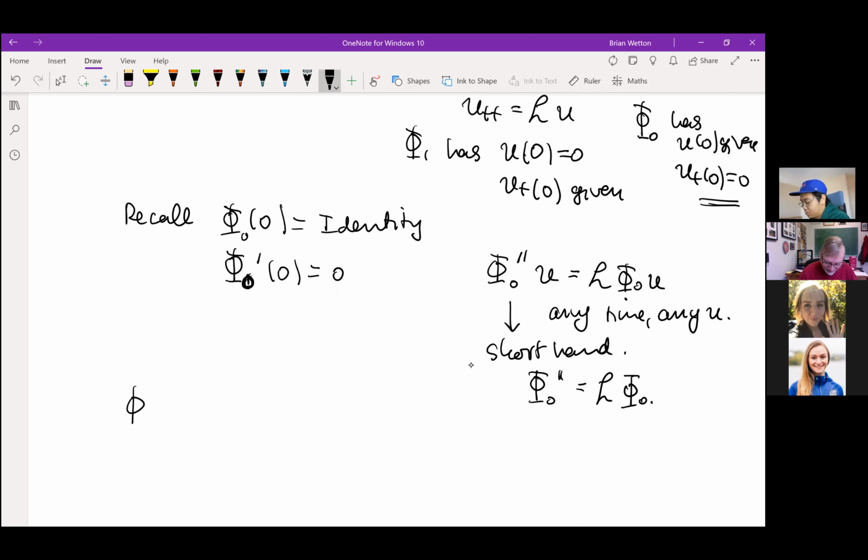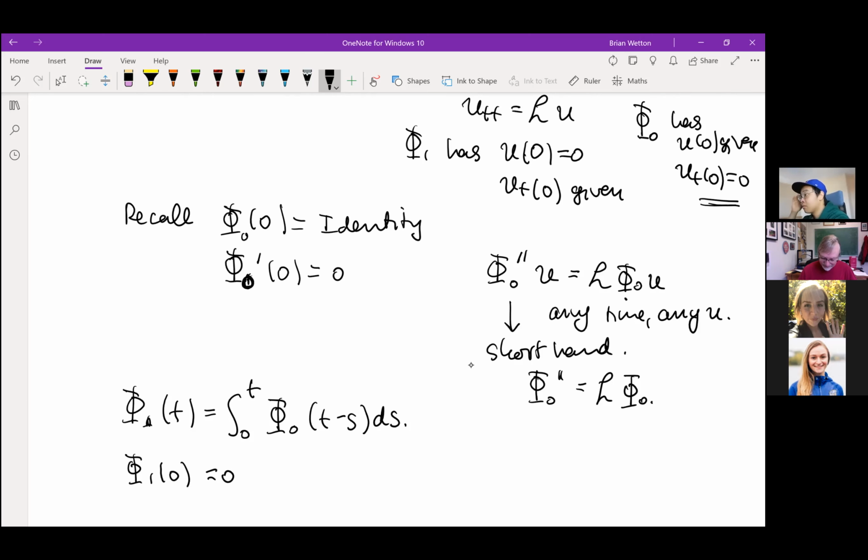And it's phi1, here's the formula. It's the integral from 0 to t of that operator. So now I'm being really formal, because I can look at phi1 at time 0.